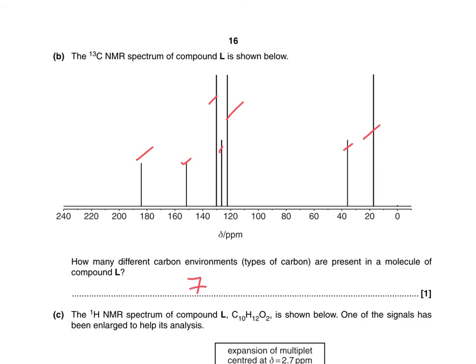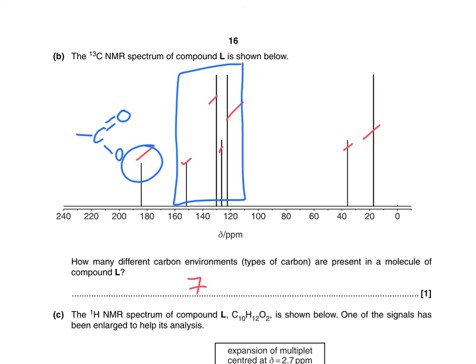The important two to look at: we have a peak here at 185, suggesting an ester group. And the peaks between 120 and 160, these ones here, suggest a benzene ring.